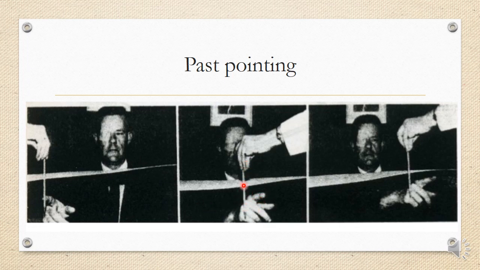Though the pencil is here, because of over innervation to the muscle to keep it in that position, the brain will think that the image is further away from that particular point, and the patient will say he can see the image here. As you take it further towards the action of your muscle, the past pointing will increase. This is happening because the brain is giving more innervation to the muscle, and because of that innervation, the brain thinks that the image is further away from the actual point where the object is kept. So that is what is called past pointing.